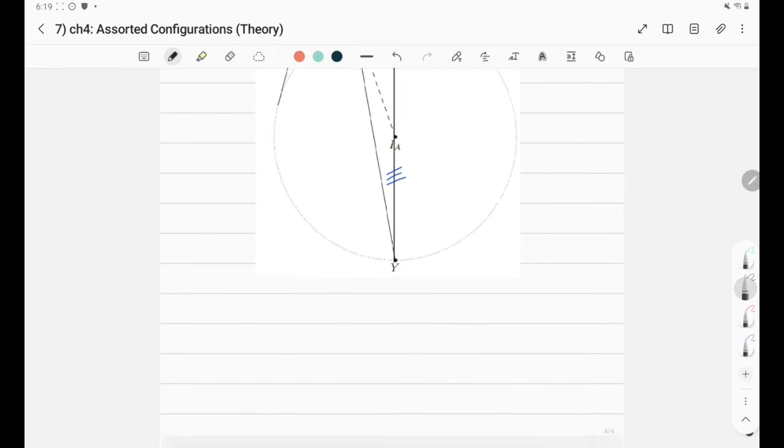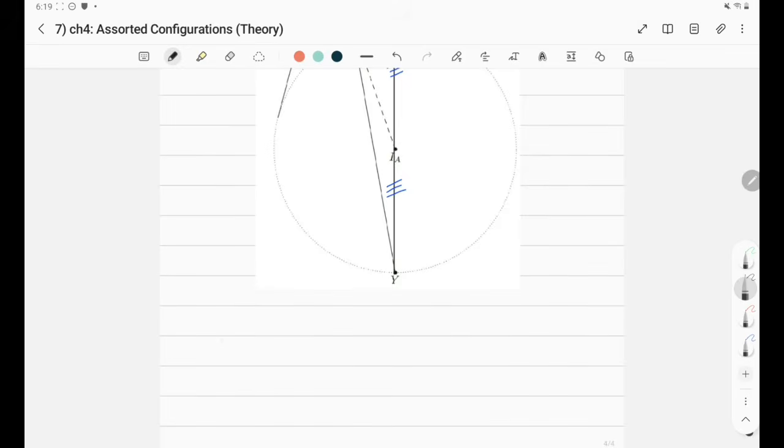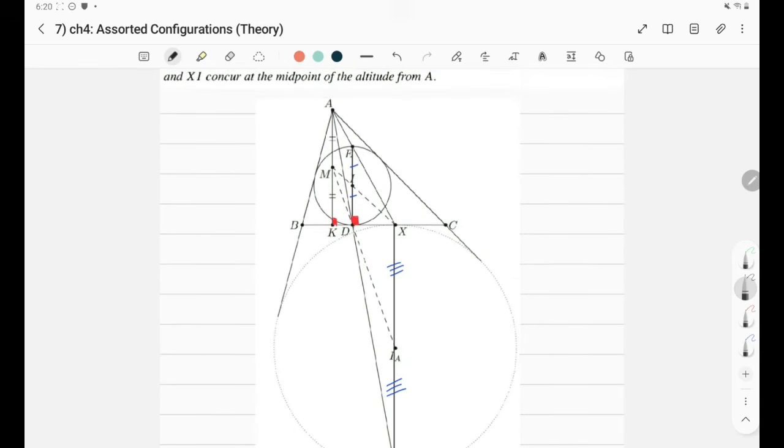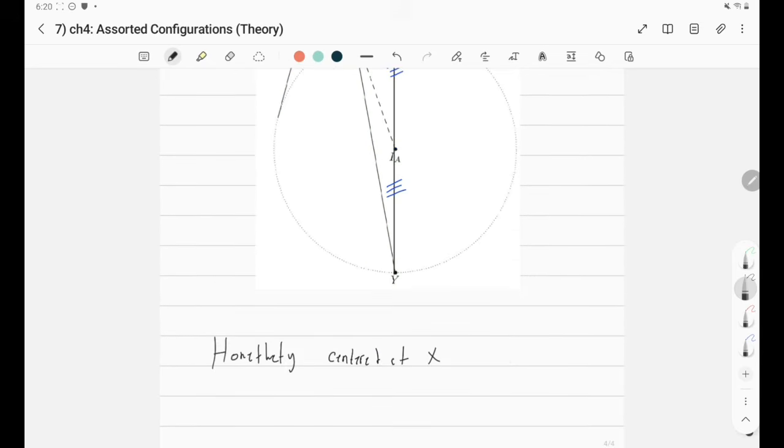And yeah, that's it. We have proven both ideas. So now the sketch of the proof is just, let's say, homothety. You can either say homothety or similarity. They are literally the same thing here. So homothety centered at X, mapping DE to KA.